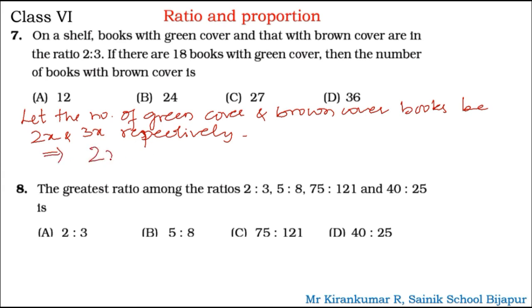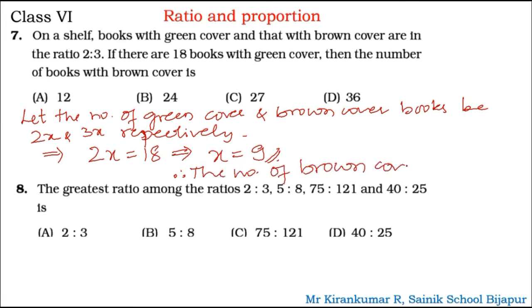It means that 2x is 18. We can find the value of x, it will be 9. Therefore, the number of brown covers will be 3 times 9, which is 27. This confirms that option C is the right answer.